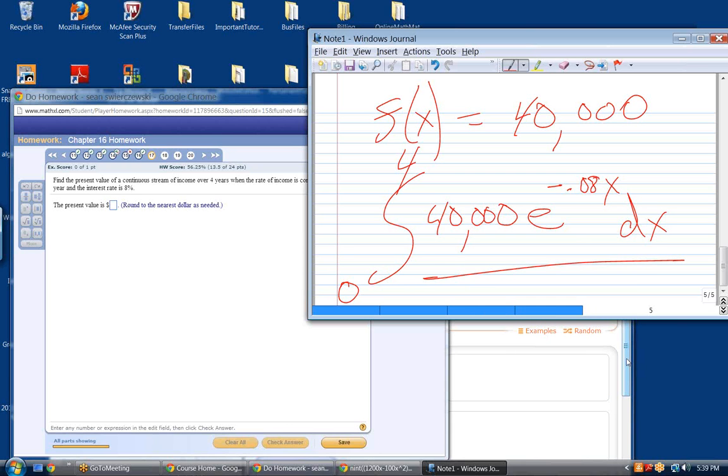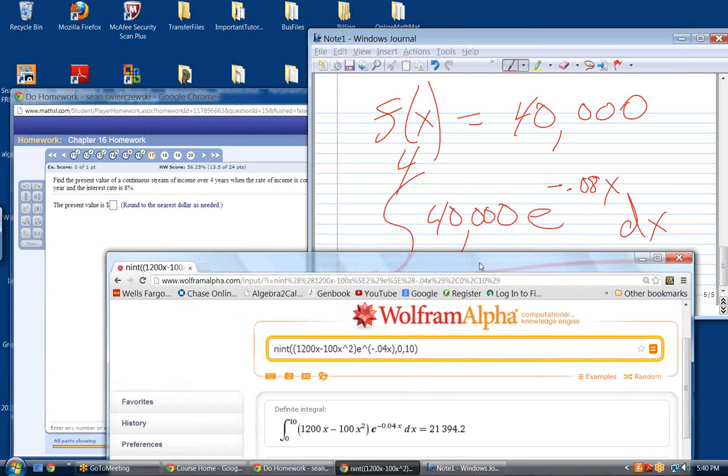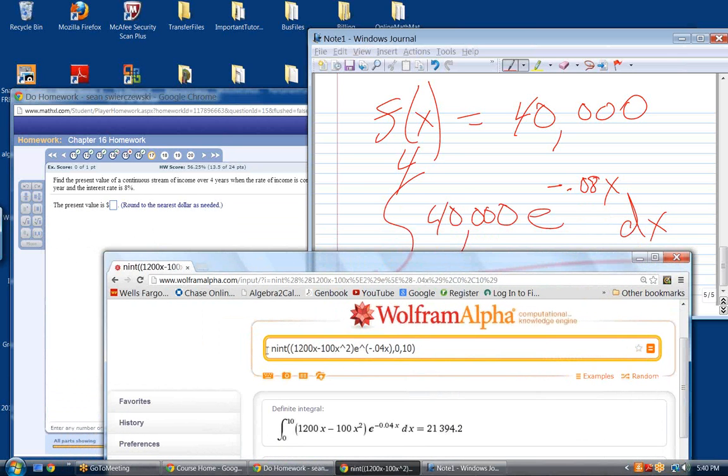Let me do it in Wolfram Alpha just to make sure that I'm going to get something similar. So it's 40,000 times e to the minus 0.08x, going from 0 to 4.